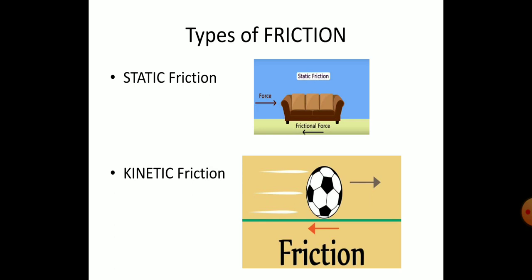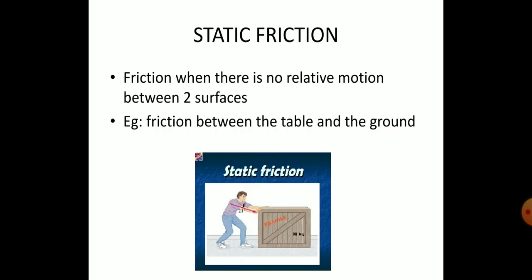So, the two types of friction. First one, static friction: there is no relative motion at all between the two surfaces, but there is friction between the table and the ground. Look at the example. You need not push or pull. The table as such on the ground will have the friction.